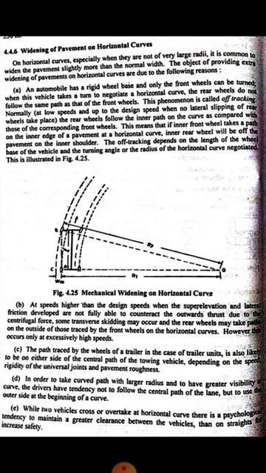The front wheel is in the middle of the road, but the rear wheel is slightly outward. That is known as off-tracking, because the wheels are on a rigid base.